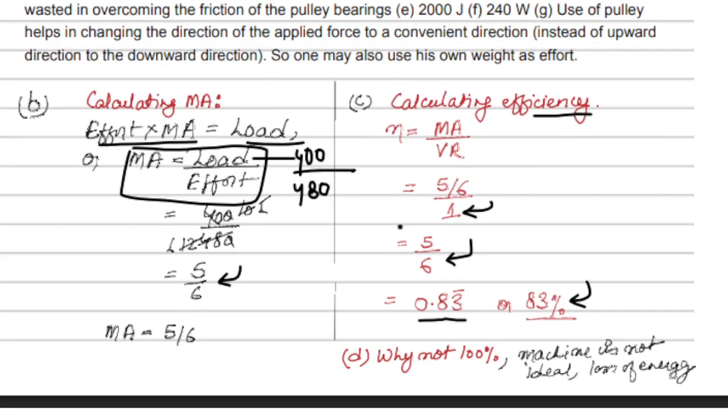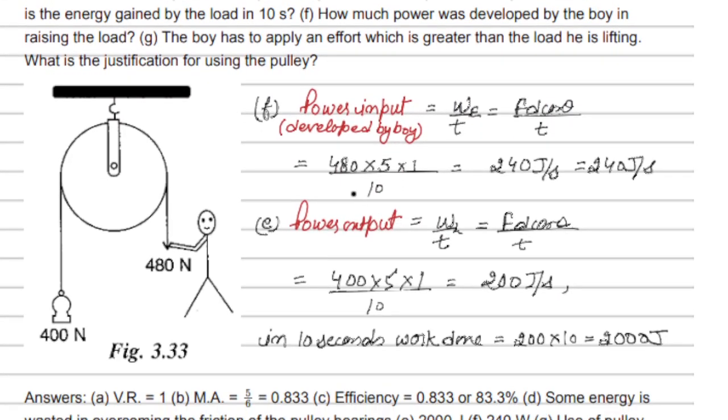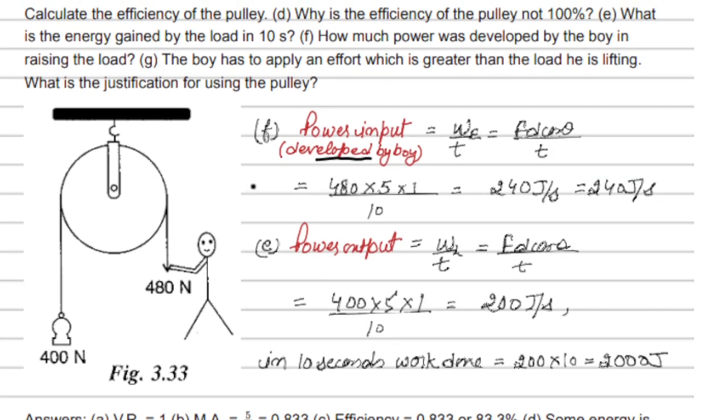Okay, let's go ahead. Now, in the next part, they ask what is the power input developed by the boy. So what he is giving in is 480 Newton. He's applying force, and we also know the distance. The distance is given as 5 meter, and it will come down.